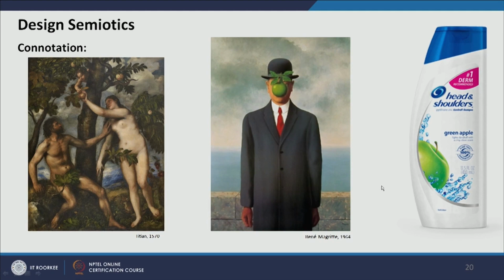The same thing can also be depicted in a different context. If we put that same green apple in a different context, it can have a completely different meaning. For example, we have a Head and Shoulders packaging design. Here the apple doesn't have any connection with the Adam and Eve story, or the way it has been interpreted in the Son of Man painting.